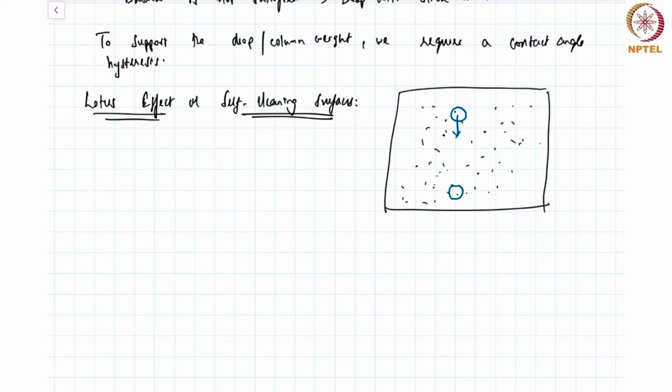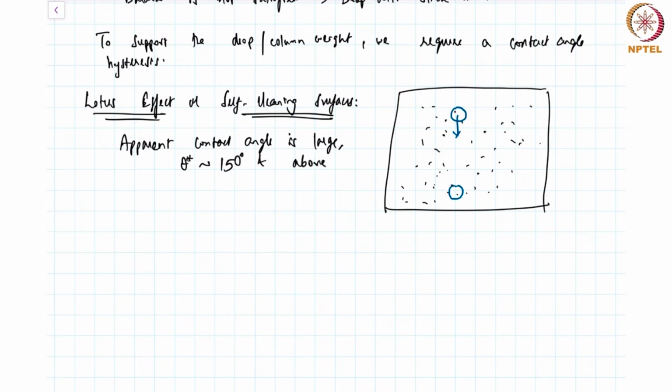Now the reason it moves down is because there are two things happening. The contact angle is very large, the static, or you'd say apparent, contact angle. The angle is large, that is theta star is typically 150 degrees and above.